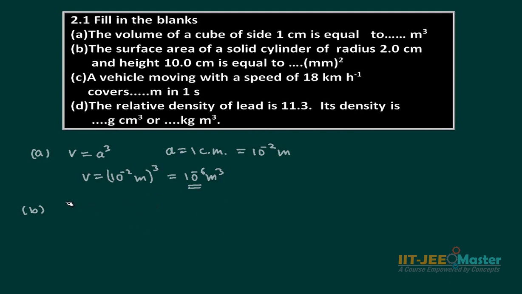The surface area of the cylinder has two parts. One, the surface area of the curved surface, and another, the surface area of the two plane surfaces. This gives us 2 pi r into height plus 2 pi r square.